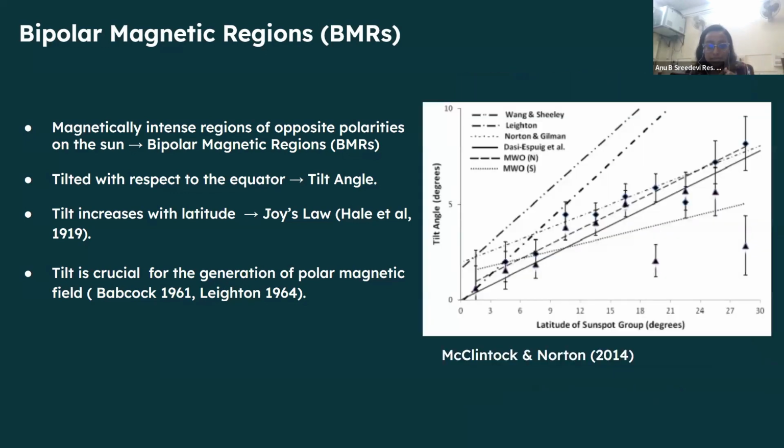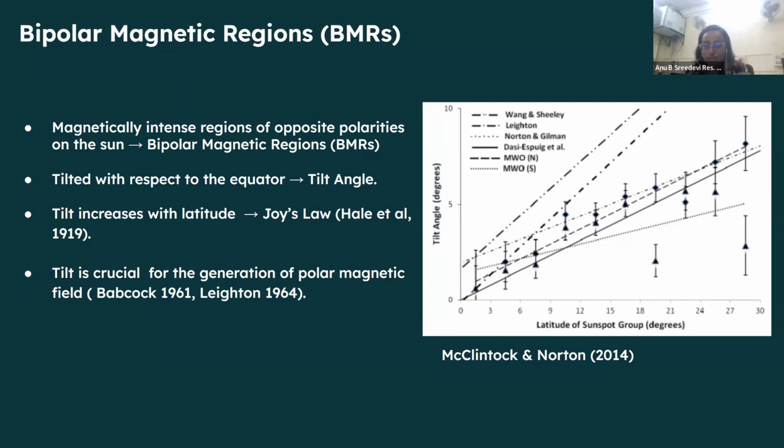This has been verified by various previous researchers using data from various observatories: higher latitude forming BMRs will have a higher tilt, which is the famous Joy's law, which was proposed by Hale et al. in 1919.